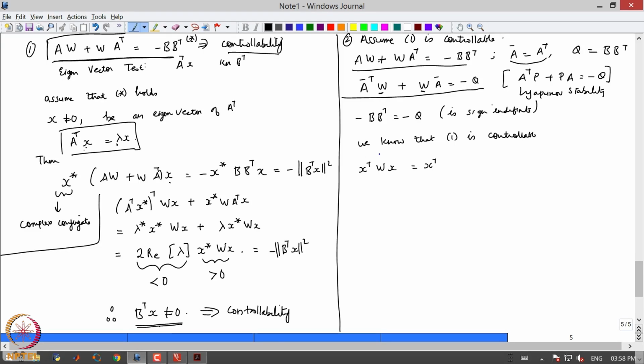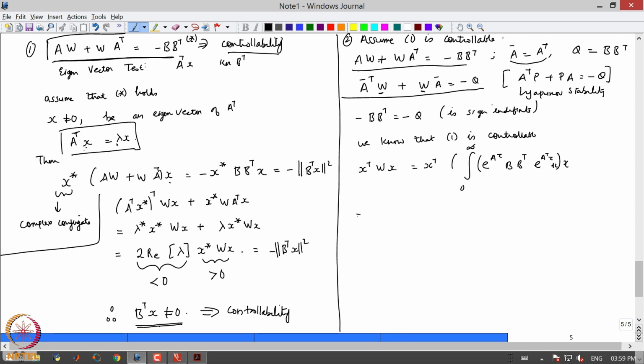So this will be x transpose, and inside I have the integral from 0 to infinity of e power A tau B B transpose e power A transpose tau d tau, times x.